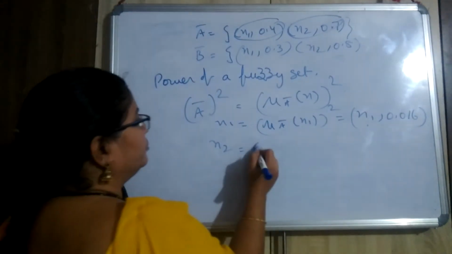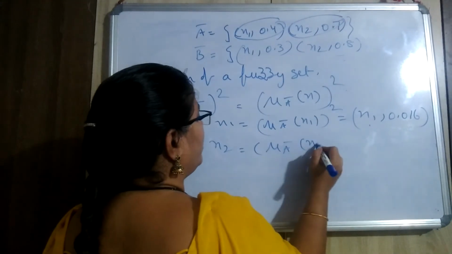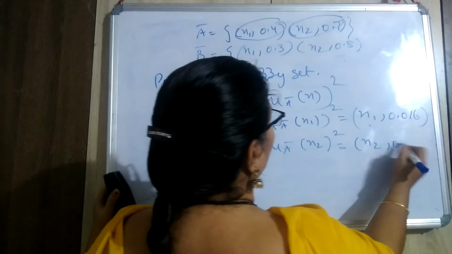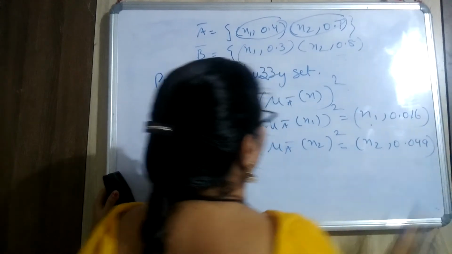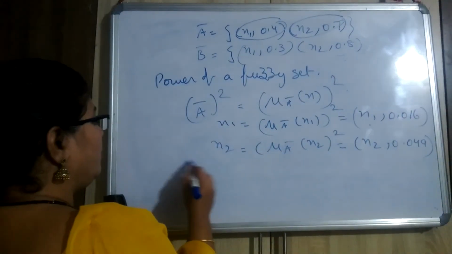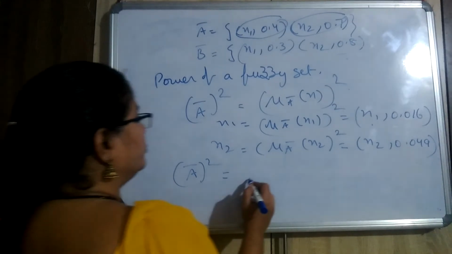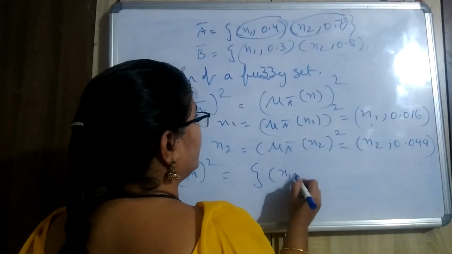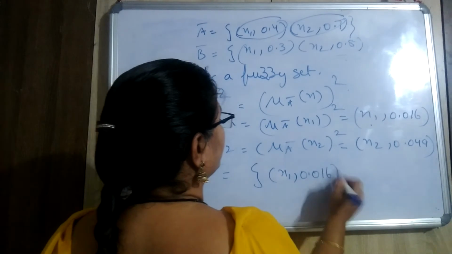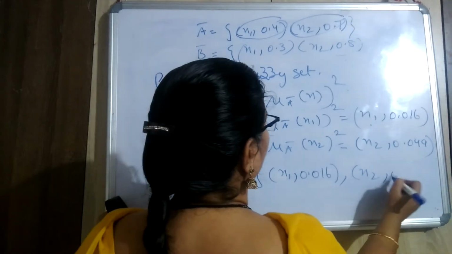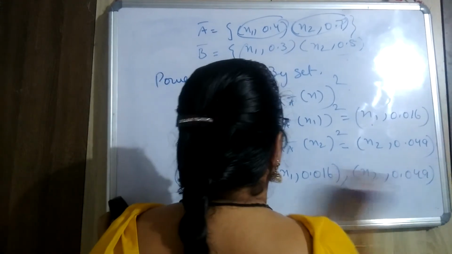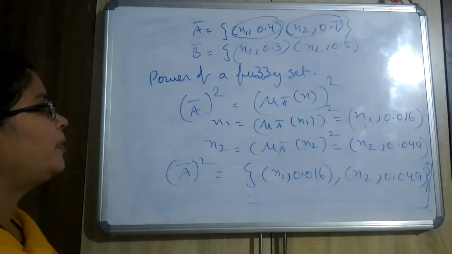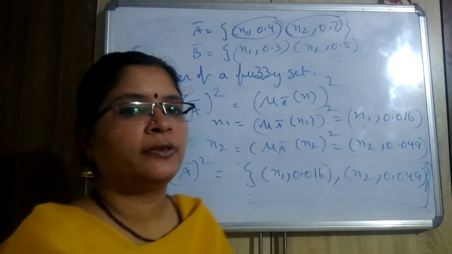Similarly at x2, mu A bar of x2 whole square is equal to x2 comma 0.049, because that is 0.7 squared. Now A bar whole square is given as x1 comma 0.016, x2 comma 0.049. So this is the power of the fuzzy set A.